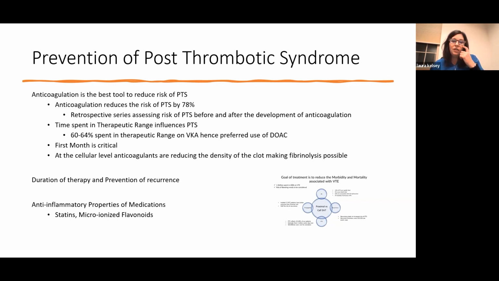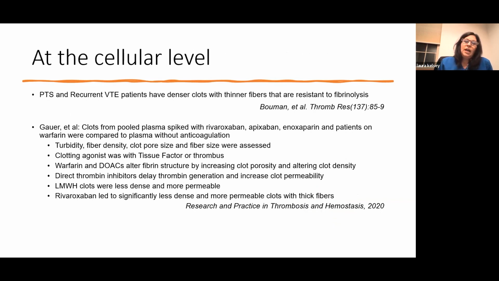And it's thought that that surface contact was really important for that. Also, you have to consider, does the duration of therapy prevent recurrence? And then there's new information about the role of statins and the micronized flavonoids. At a cellular level, if you look at post-thrombotic syndrome and recurrent VTE patients, those clots are found to be denser, and those clots tend to be resistant to fibrinolysis.